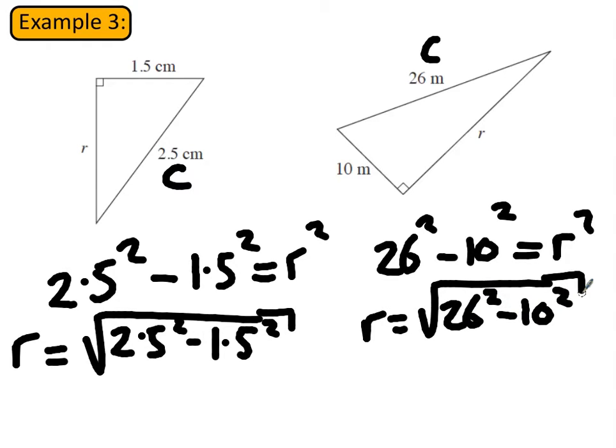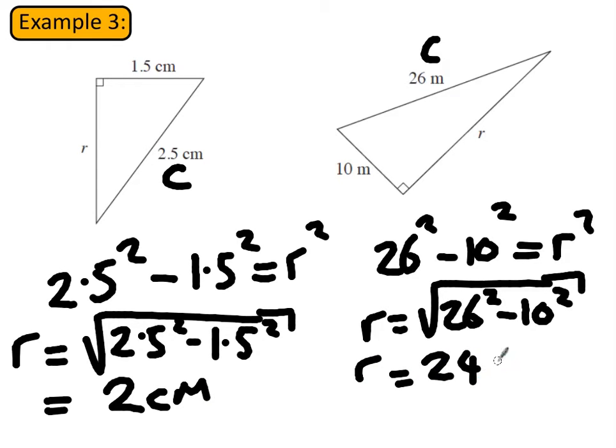So all that's left to do is to input these into our calculator. So the first one generates an answer of 2 centimeters, and the second example, when you input that on your calculator, will give us an R value of 24 meters. And those are the answers to those two questions.